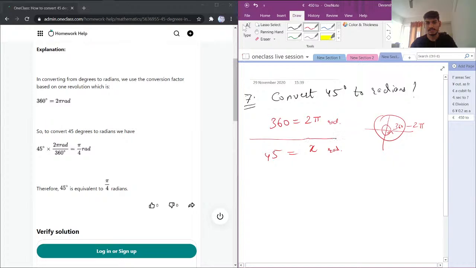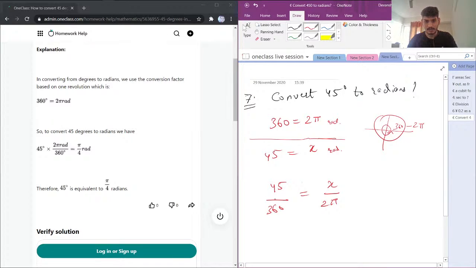So we'll just take the ratio of both the things. I'll write 45 over 360 equals x over 2 pi. So we'll just use the basic ratio and proportion for this.